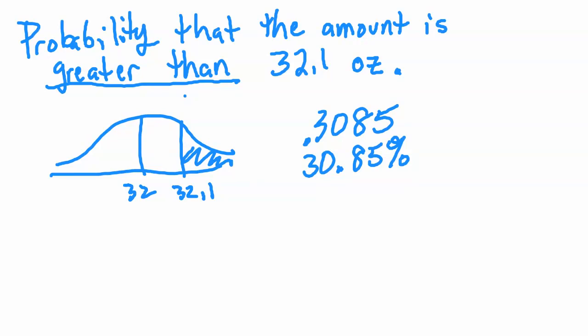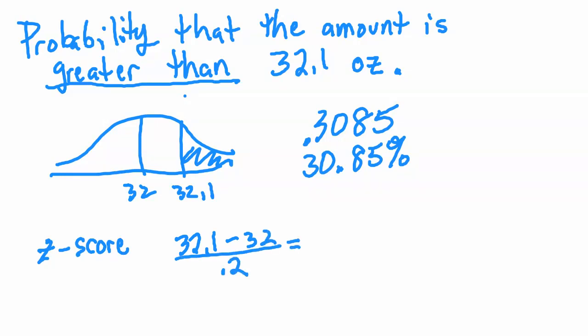Now, if you want to do the z-score method, which I'm not trying to confuse issues, but I just wanted to show you what the z-score formula will do for us. You take our score minus the mean divided by the standard deviation. So we get the z-score for this problem, which is 0.1 divided by 0.2, that's 0.5.